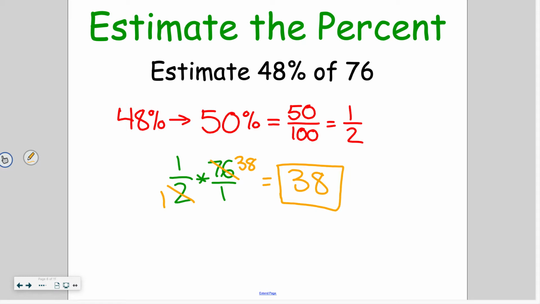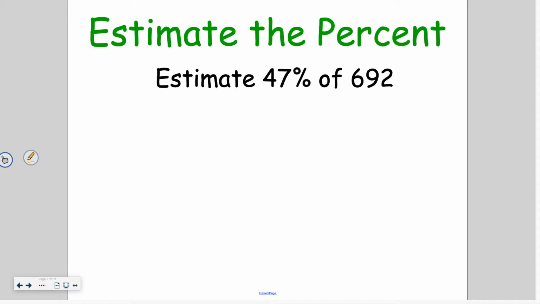answer of 38. This next example, we again don't have our percent at a 5 or a 10. So we're starting with 47%.